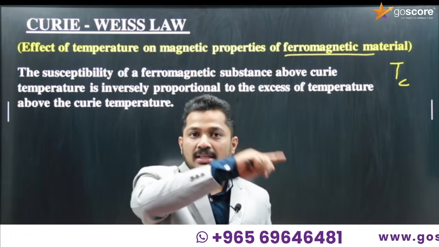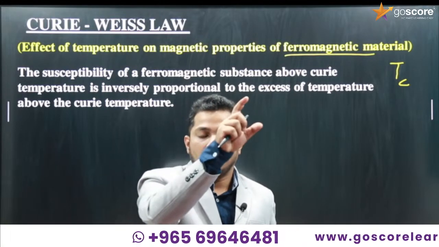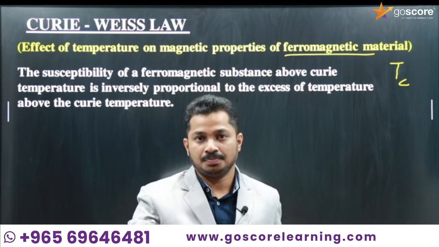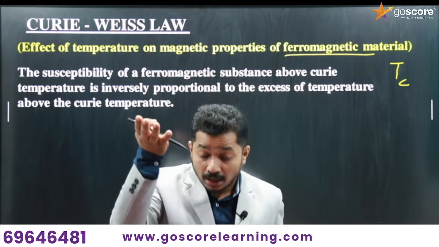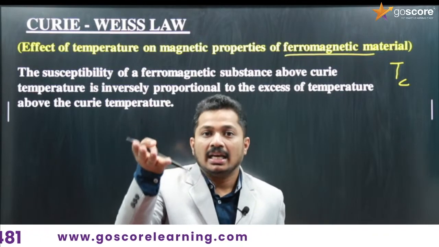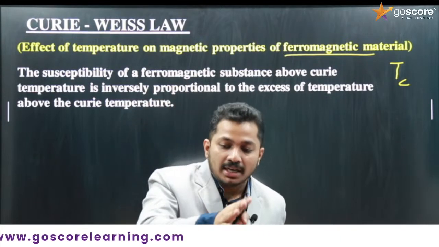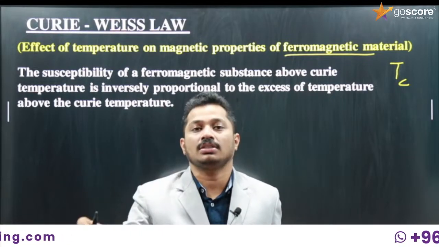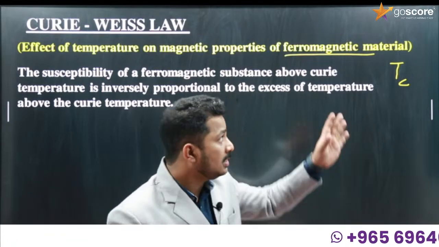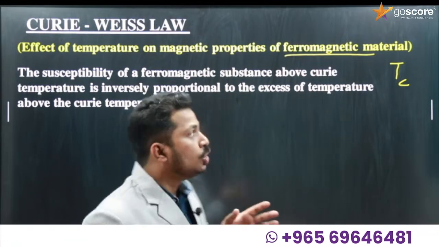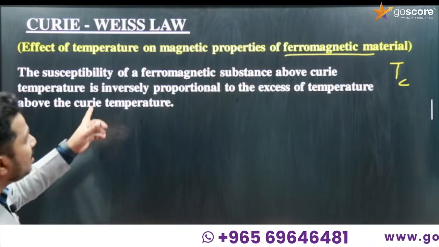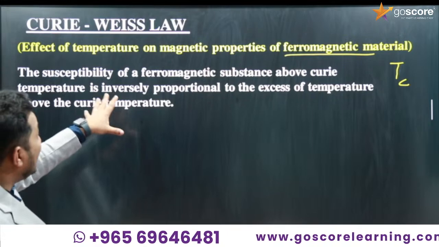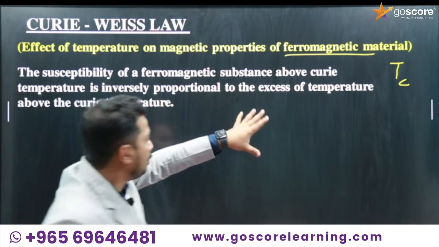So Curie temperature is that temperature at which the ferromagnetic material turns into paramagnetic. That temperature at which this transition occurs is known as Curie temperature, denoted by Tc.